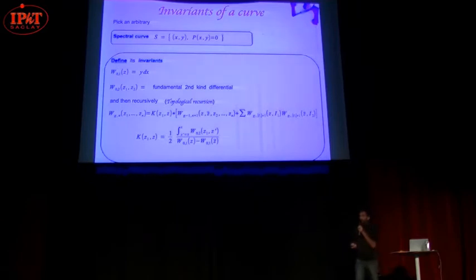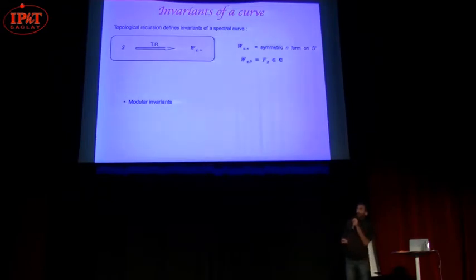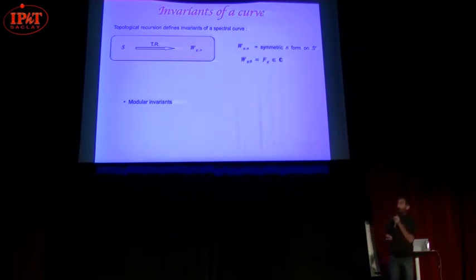Exactly the same. And we call that the invariants of the spectral curve. So, let me summarize. Topological recursion is now a definition that to a spectral curve associates a sequence of forms, WGN, that you call its invariants.